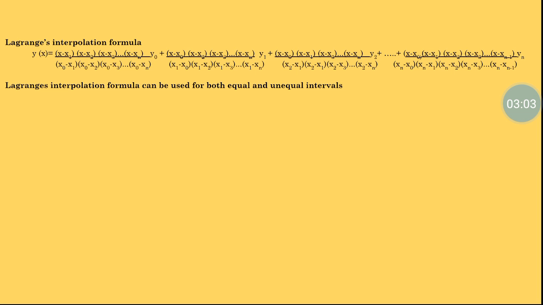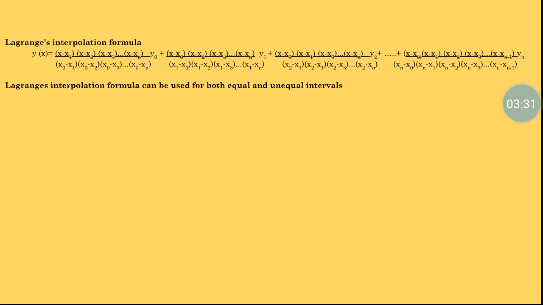That is, the numerator has x minus x1, x minus x2, x minus x3 and so on up to x minus xn, and the denominator has x0 minus x1, x0 minus x2 and so on. In the second term, which is multiplied with y1, x1 does not appear in the numerator. The numerator has x minus x0, x minus x2 and so on, and the denominator has x1 minus x0, x1 minus x2 and so on.